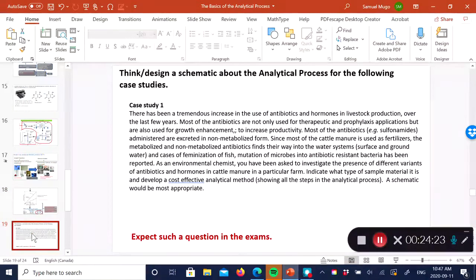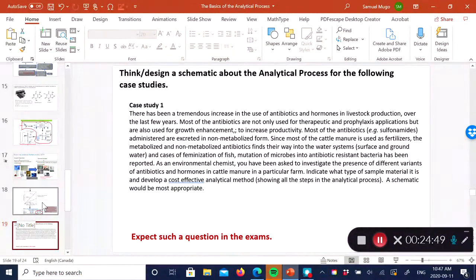I'll give you two scenarios for which I would like you to develop the analytical process. Maybe it's better to do it schematically, exactly the same way I've shown you: from the general analytical problem, to searching the literature, to sampling. How do you do the sampling to make the sample representative?